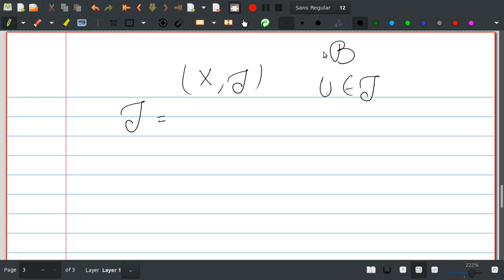And if I look at the union of any basic elements B, then that union has to be an element of tau.